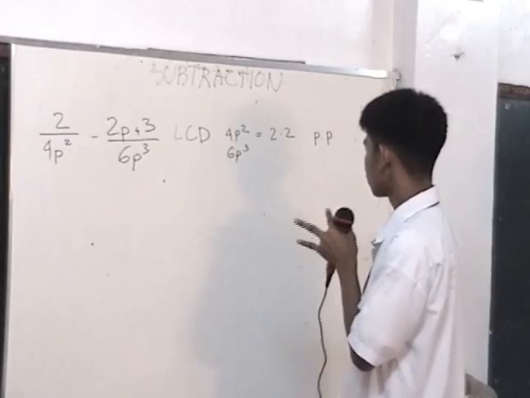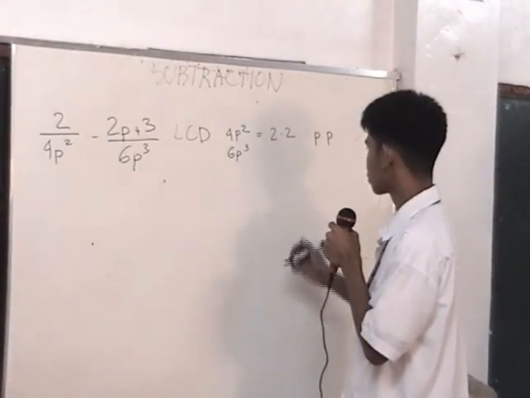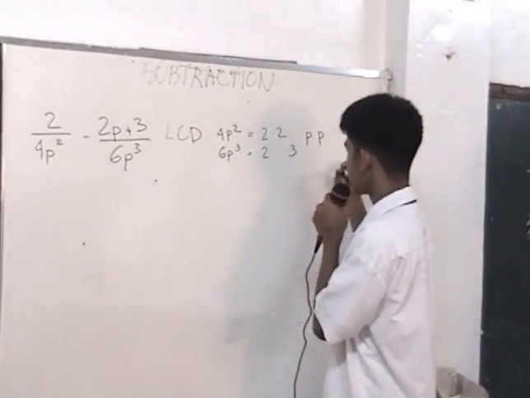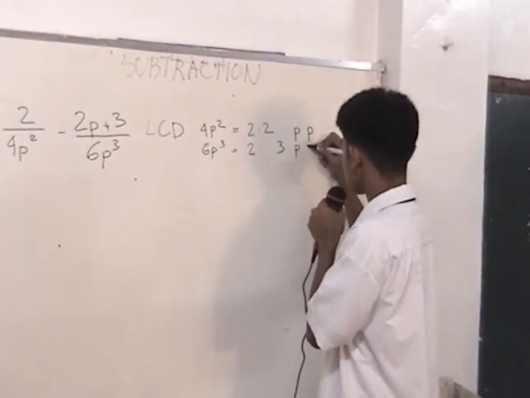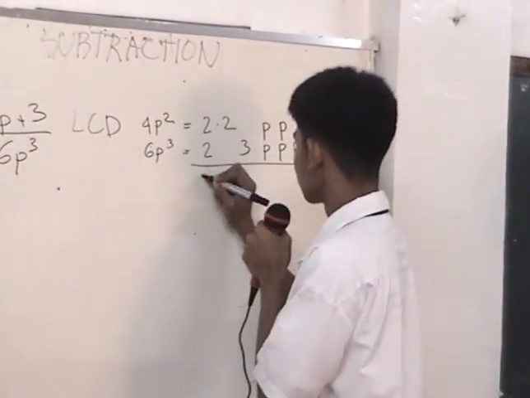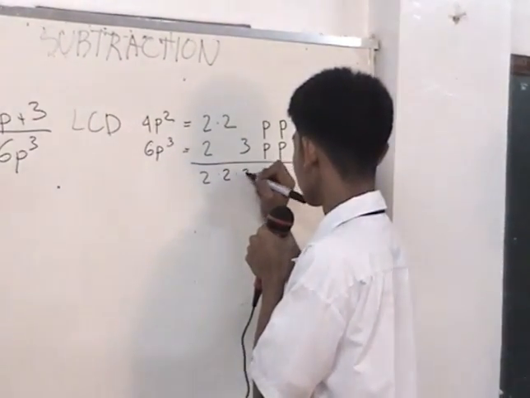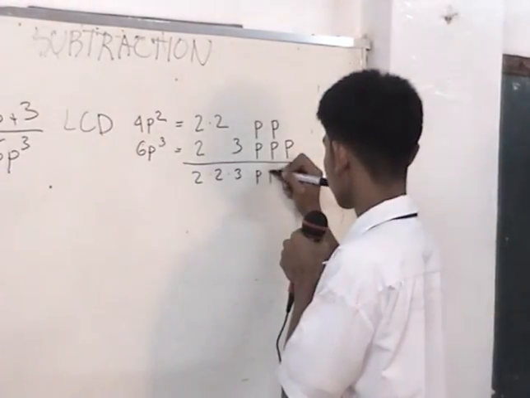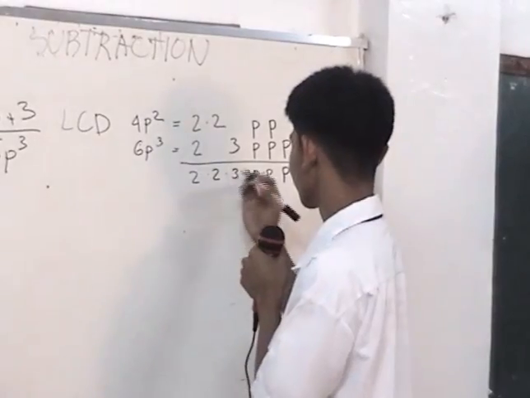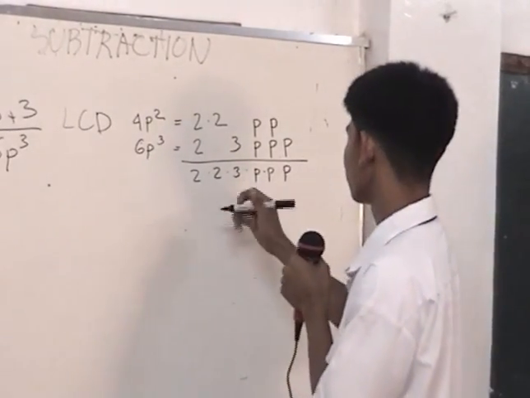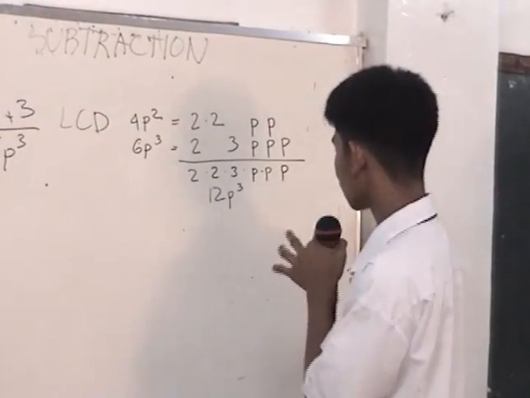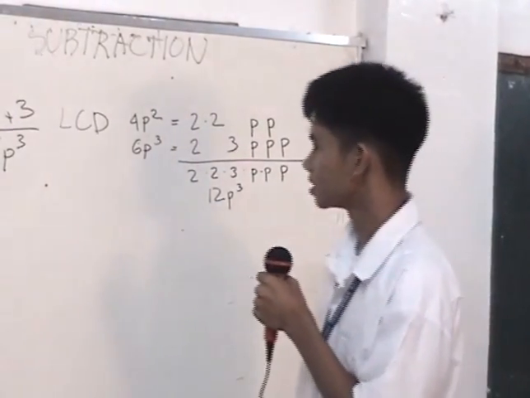And the prime factors of 6p cubed are 2 times 3 times p times p times p. We get the factors and multiply them. The LCD is 12p cubed.